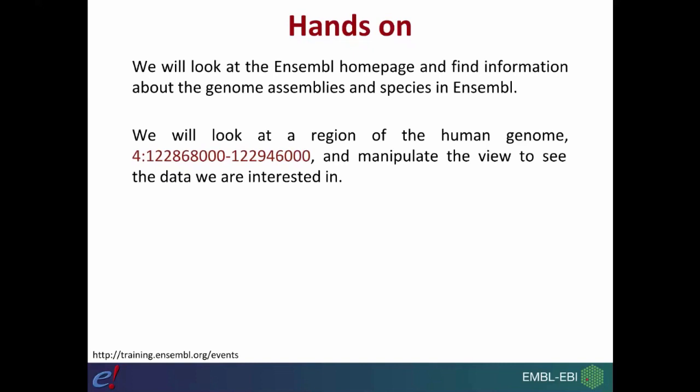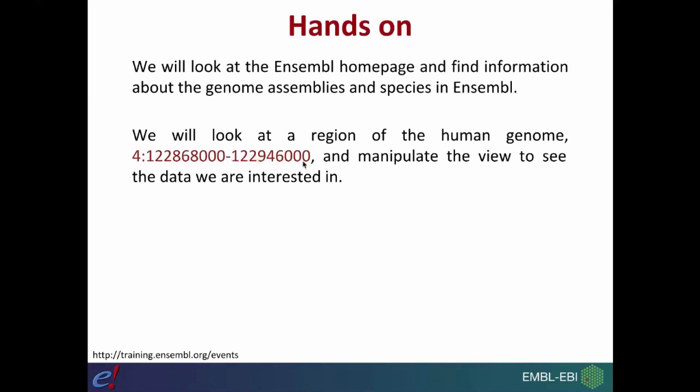And just to say right now about the region, you can see I've written this down as 4 colon and then a number minus and another number. So this essentially means we work on chromosome 4, and then we need to use a colon. And this number is the start position, and then we need to use a dash or minus, and then this number is the end position.